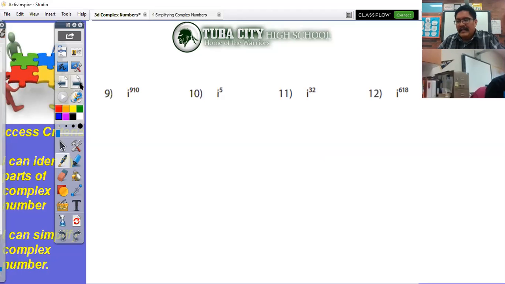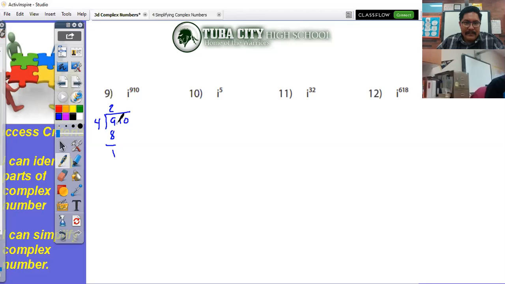All right, 910. So we just have to divide 910 by 4 to see what power it's equivalent to. Now there's also some other tricks you can do to divide by 4 faster, but that would be a whole different lesson on its own. But again, as long as you remember your long division rules, then it wouldn't be all that different.